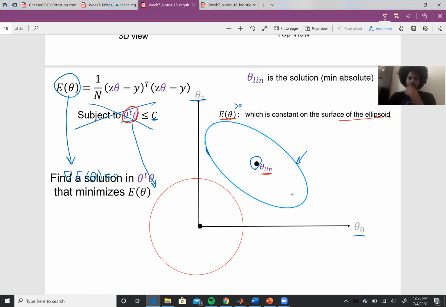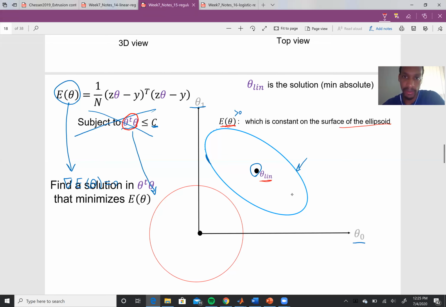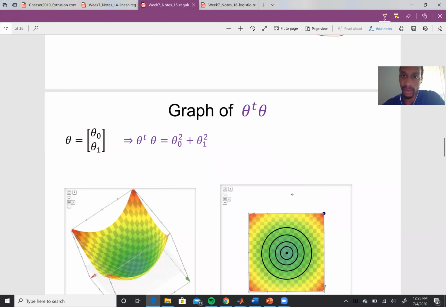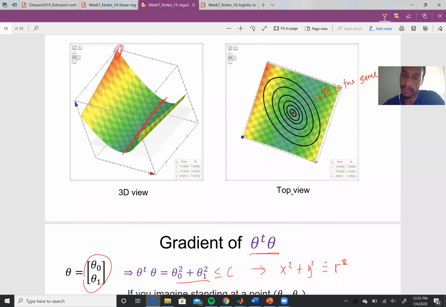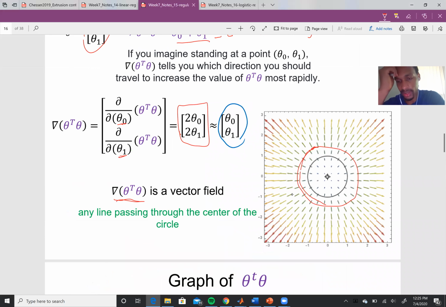Yeah, or at least the... But I think we just said that that might not be the case. But the gradient should be the same. Okay, so let's just look at the circle.